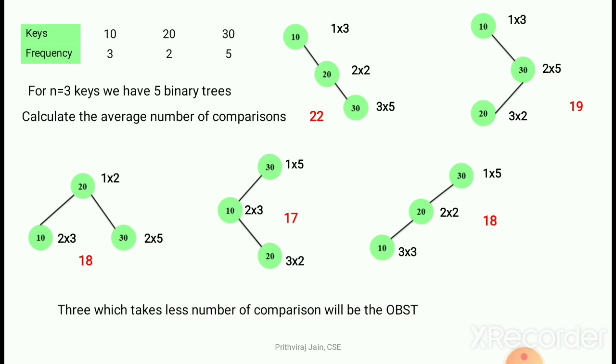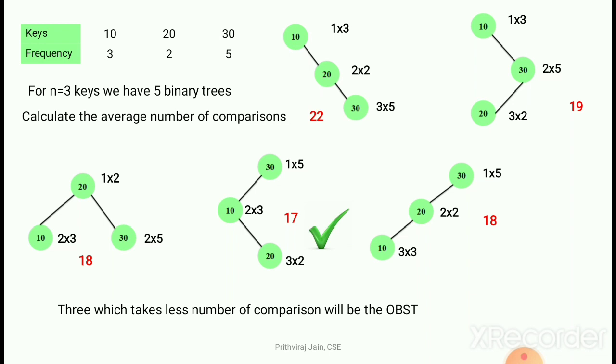From this we can observe that the tree which takes the least number of comparisons will be the optimal binary search tree. In this example, the fourth tree takes the least number of comparisons, that is 17, so we can consider this tree as the optimal binary search tree. Now this is only possible if you have a small number of keys.